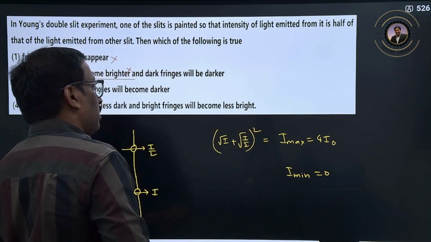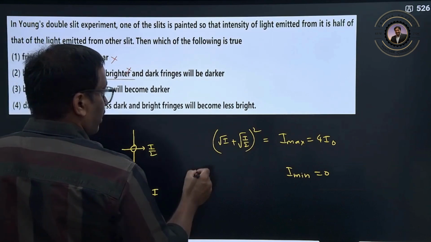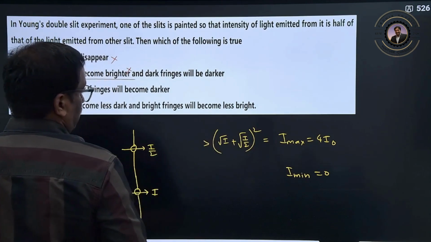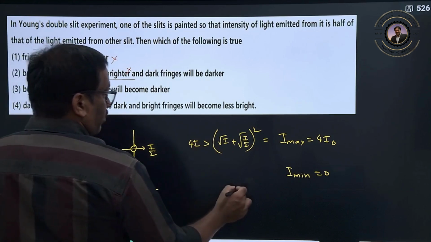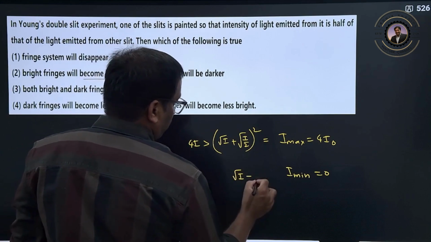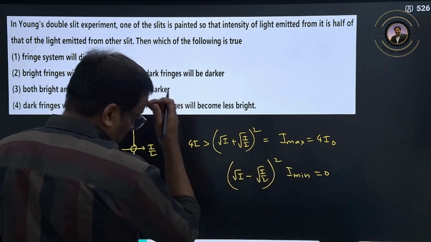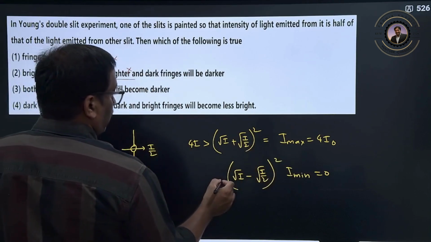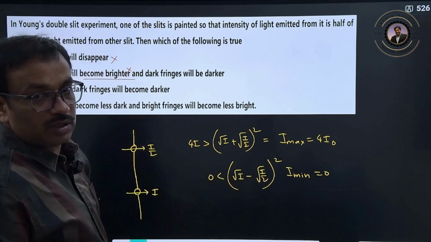Compared to 4 I naught, it will be less than 4 I. And I minima is root I minus root I by 2, whole square, so it will be greater than 0, because it will not become 0 here.